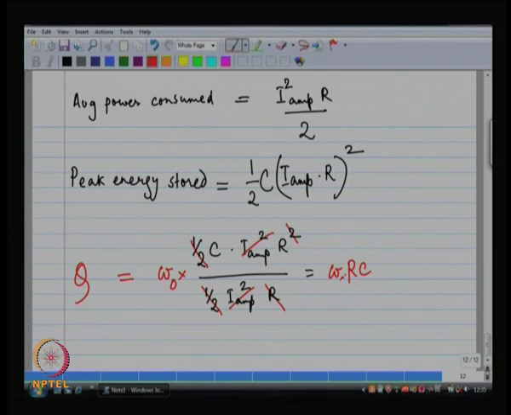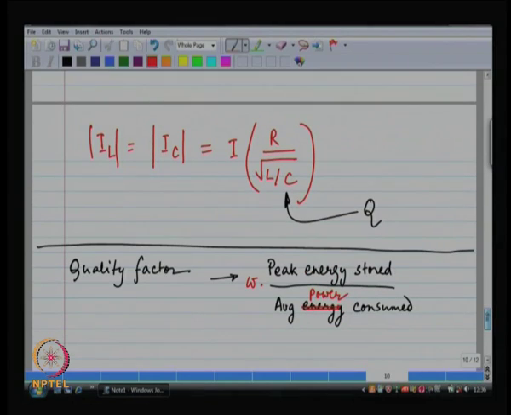So, at the resonant frequency, this is omega 0, which makes it R C by square root of L C, and that is equal to R by square root of L by C. All right. So, this is the quality factor. The quality factor at a given frequency is omega times the peak energy that is stored divided by the average power that is consumed.